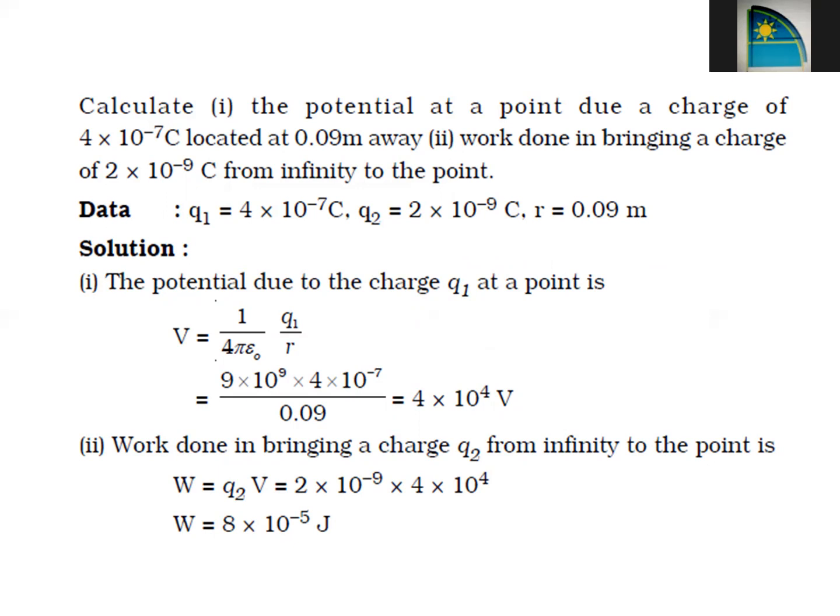As we all know, potential is also due to only one charge, and the formula of potential is kq divided by r, where the value of k, which is also known as the dielectric constant, is 1 upon 4 pi epsilon naught. 1 upon 4 pi epsilon naught can be written as 9 into 10 raised to the power 9.